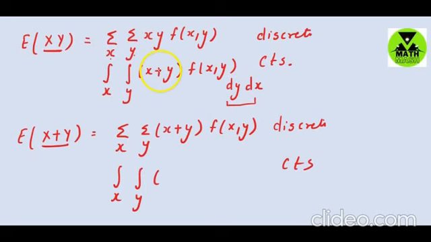This function is x plus y, so write it f of x plus y, and the joint density function, that is, again we have f of x comma y, integrate with respect to y first and then with respect to x. So in this way we can compute the expected value of a function of x and y, where the function is again a random variable.